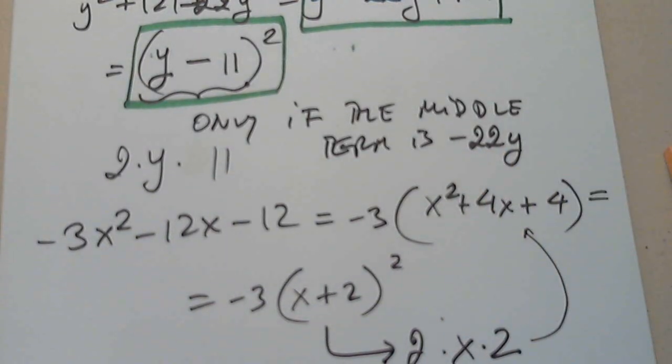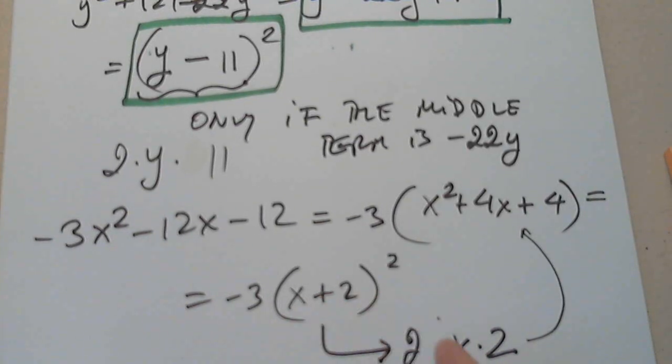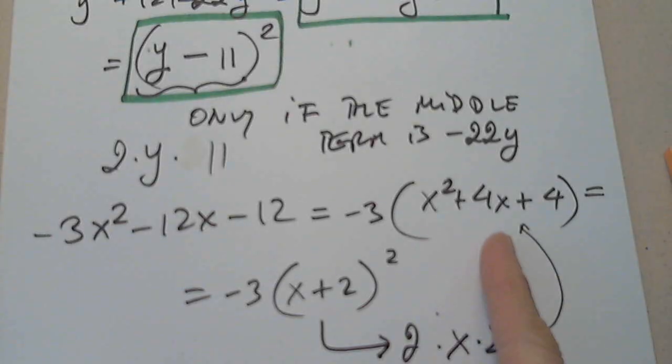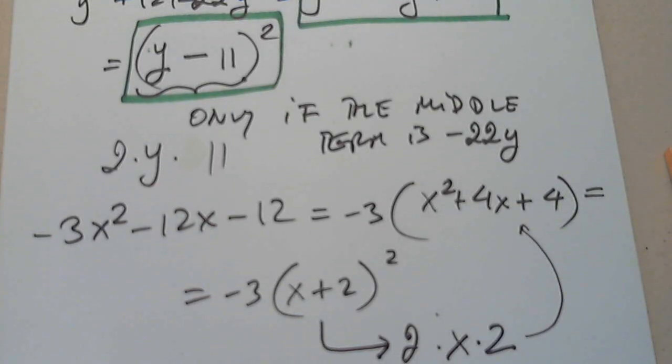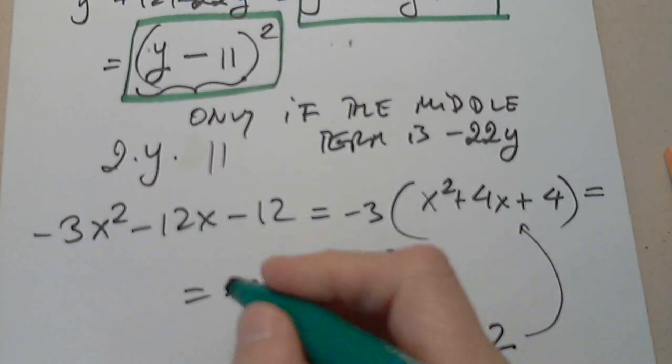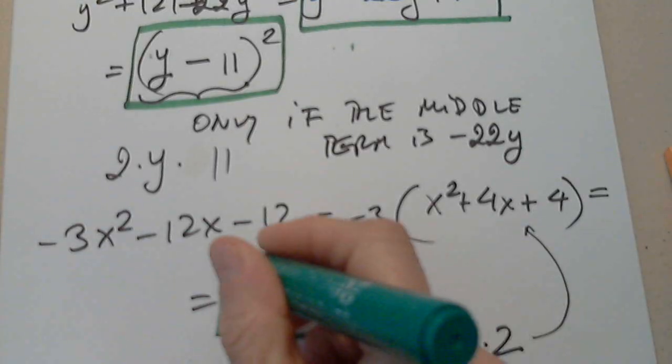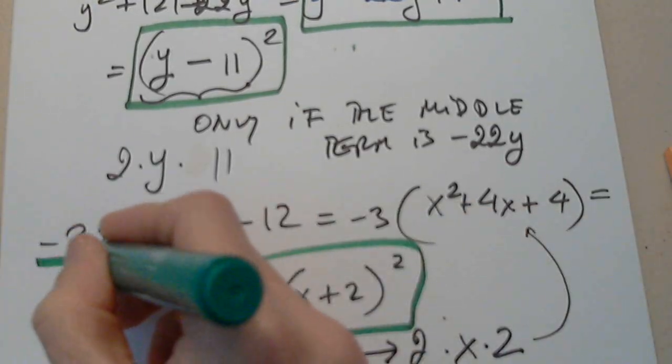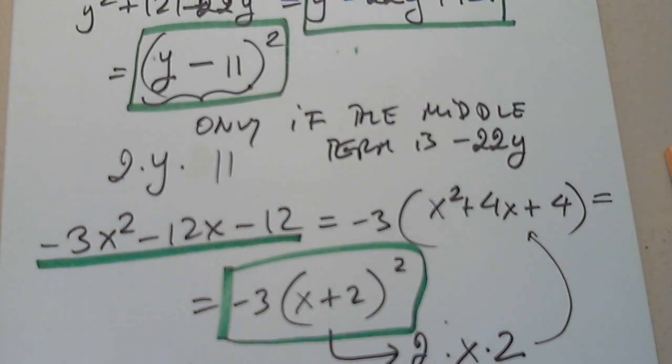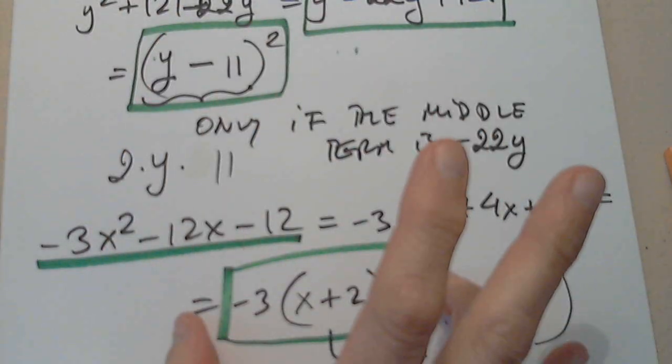If it isn't, then the factored form is incorrect. But it turns out that the middle term, as we discussed last week, 2 times the first times the second, is indeed 4x. Therefore, confidently I will say that this is the factored form, and the left-hand side equals the right-hand side.